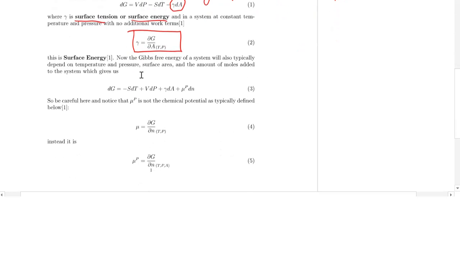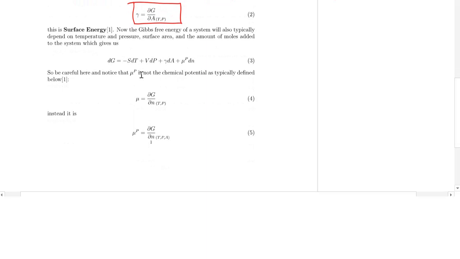However, we talked about last time, it's a little bit unfortunate because we always have our chemical potential term here, and now we have this dN and dA. So the one key distinction here is, remember, this mu subscript P is not our traditional chemical potential that we've talked about before in lecture 5. Here, chemical potential we've defined previously as the partial derivative of Gibbs with respect to the number of atoms at constant temperature and pressure.